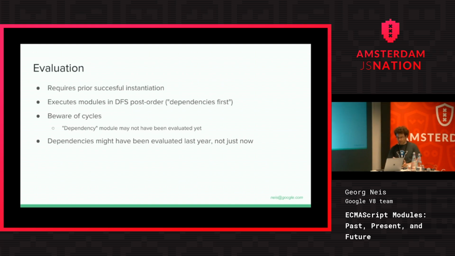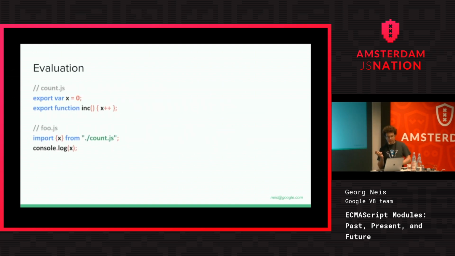So in terms of the counter example from before, we have this counter, we are importing X and we're printing X. If this is the only code that you control, then you have no idea what value X has at this point. Because it could happen that the counter module was already executed a long time ago and used by other modules.